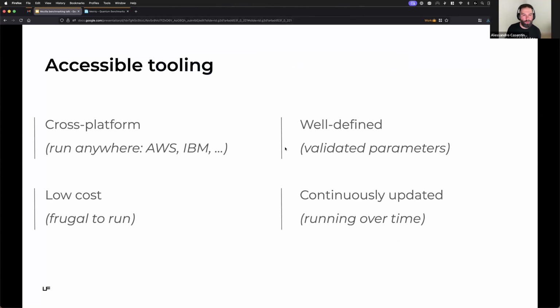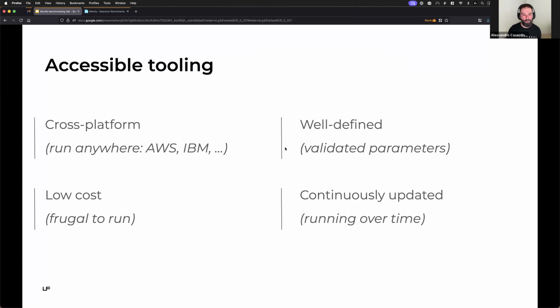So what we need, as I said, apart from open source protocols, is accessible tooling. We want to run the same protocol on all those machines by AWS, by IBM, by all the hardware vendors in a comparable way.